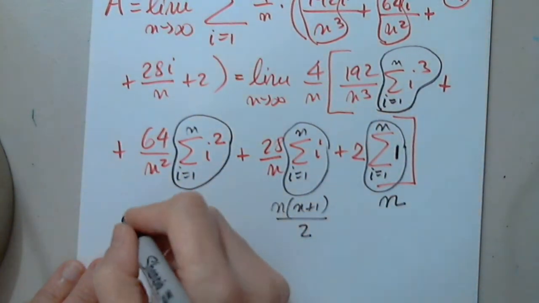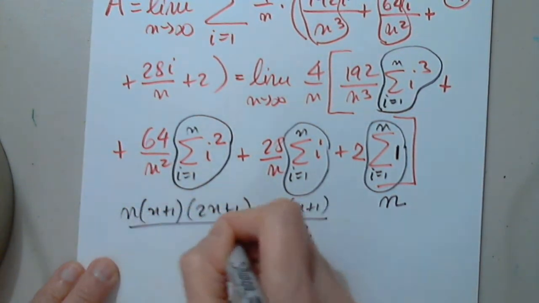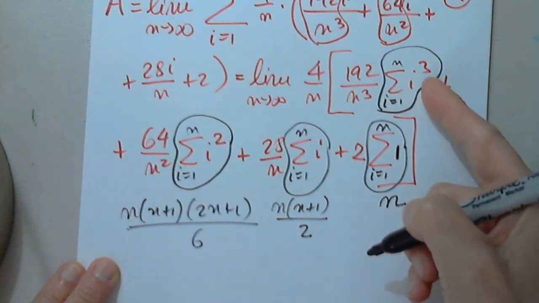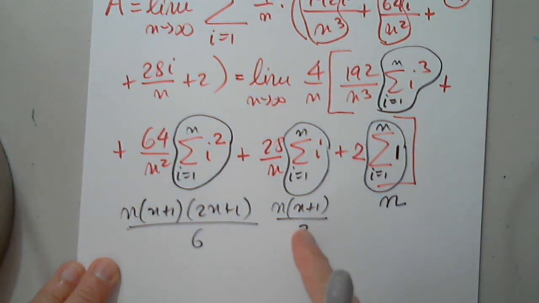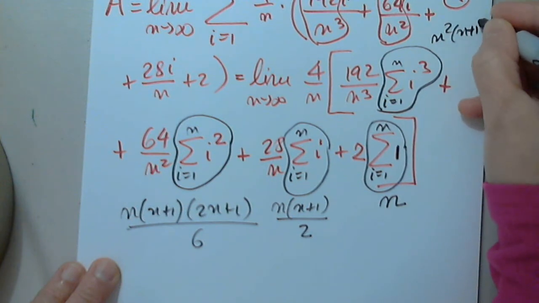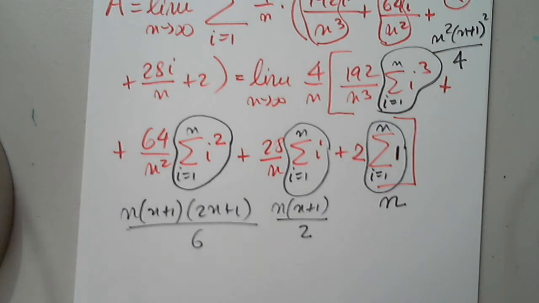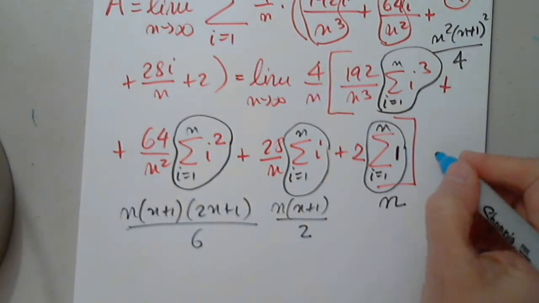This is the ugly one, n(n plus 1)(2n plus 1) over 6. And this is this one but squared, so this is n squared (n plus 1) squared over 4. Of course, you don't have to write them on the side because I have to write them inside anyway, so we're going to write the whole thing again.